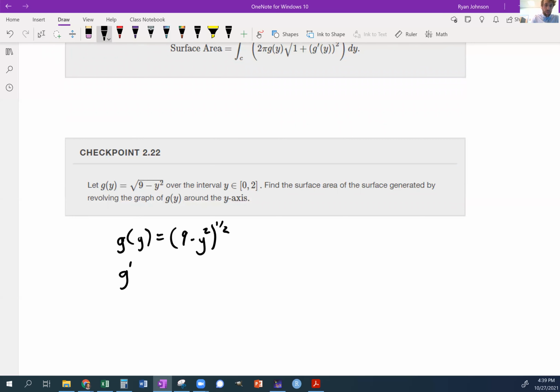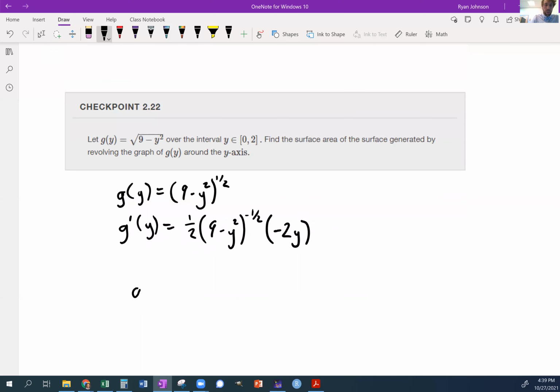So g prime of y is going to be 1/2. Remember from chain rule from Calc 1, 1/2 times 9 minus y squared to the negative 1/2 power, then multiplied by the derivative of the inside, negative 2y.